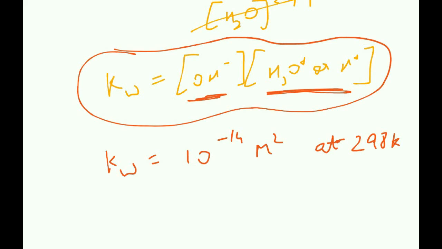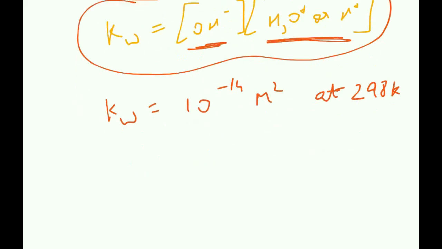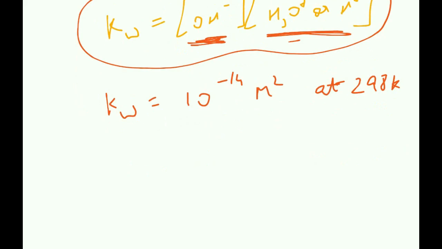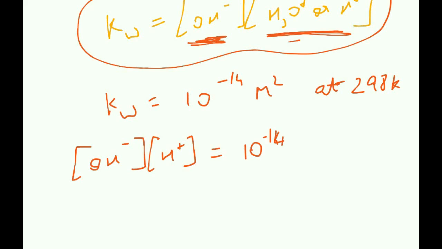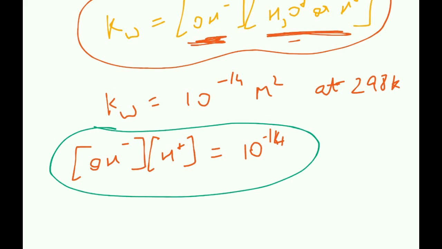When you find this, you can use this relation. So let's go back to what we did over here. Concentration of OH negative times concentration of H plus is going to be equal to 10 to the power minus 14. And you can find this for any reaction. It's really cool.